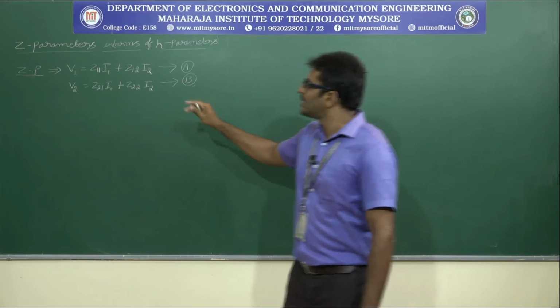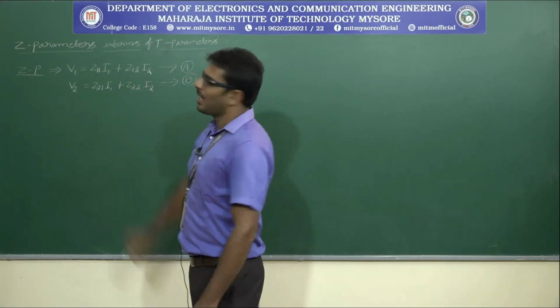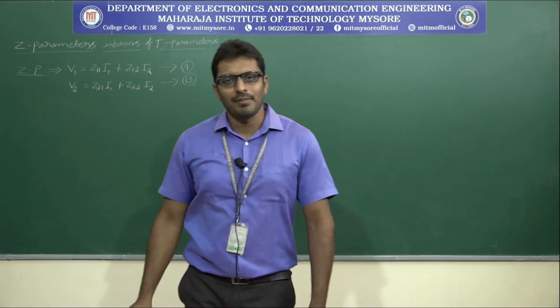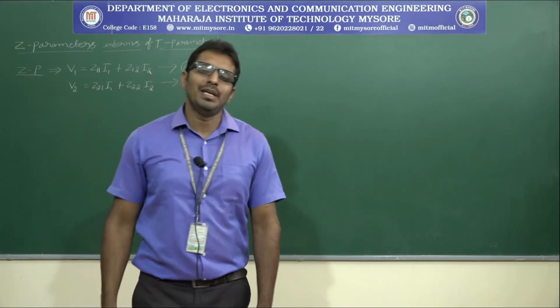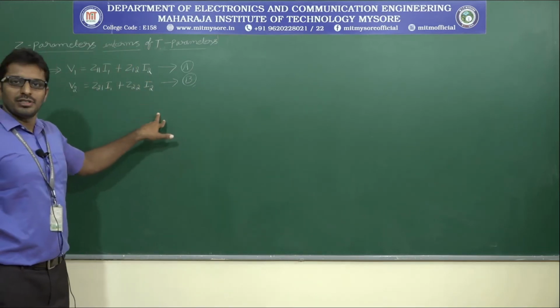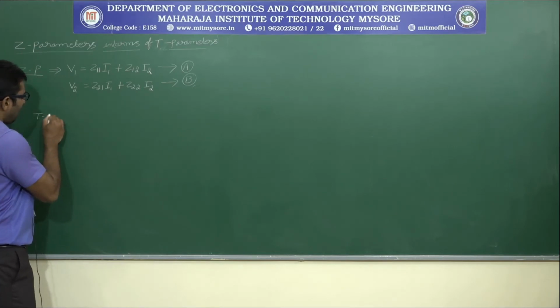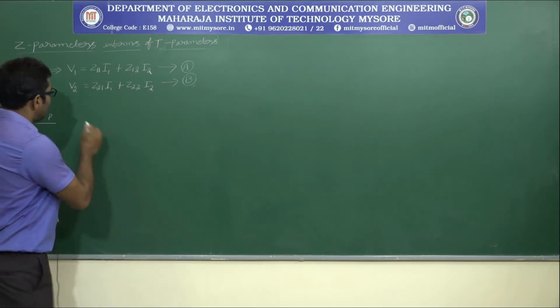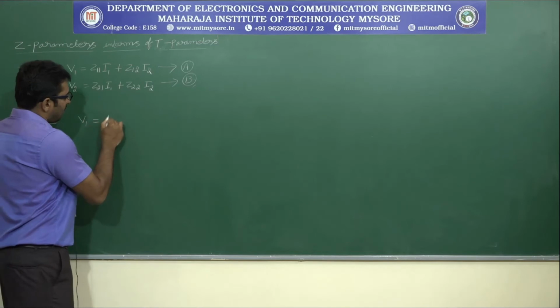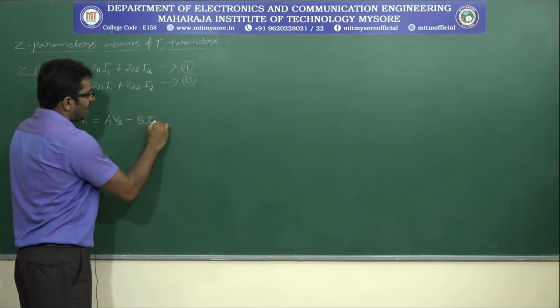Z parameters in terms of T parameters, also known as ABCD parameters. Already Z parameters equations are written. So the T parameters equations are, say, V1 is equal to A V2 minus B I2.